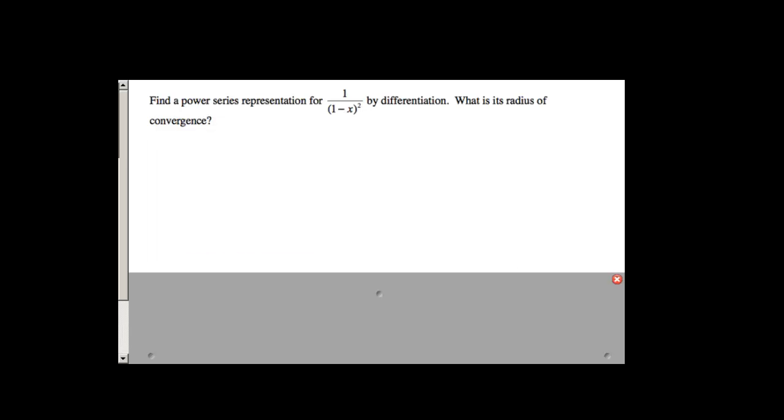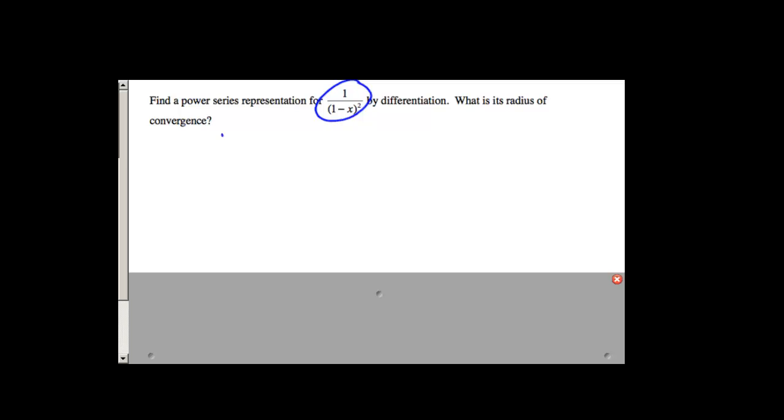Let's suppose we wanted to find a power series representation for this following function and find its radius of convergence. Well, if you look at this, we could rewrite that function.